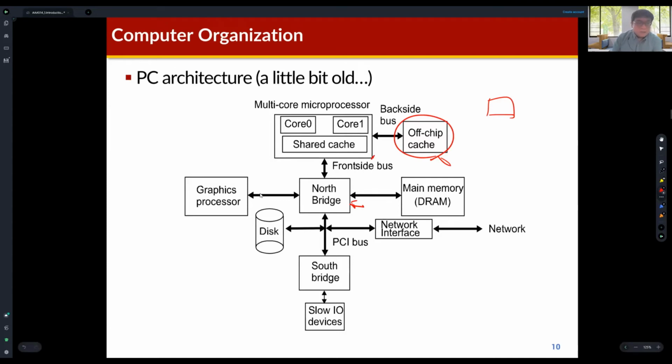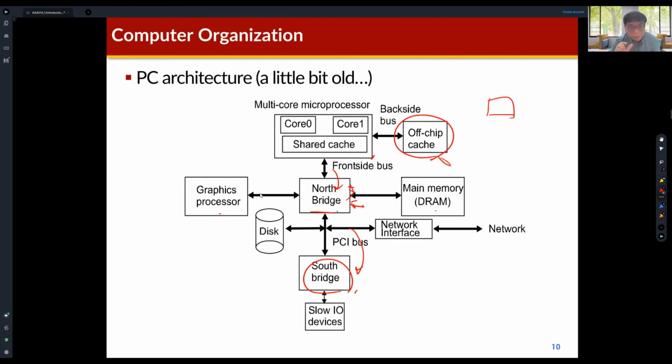This CPU chip is connected to another north bridge chip, and the north bridge chip is connected to GPUs and main memory. Then there is another hierarchy here, the south bridge chip. As you can see, we use many different components in a computer system.